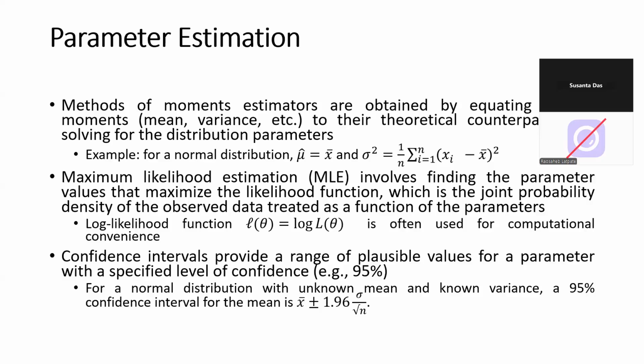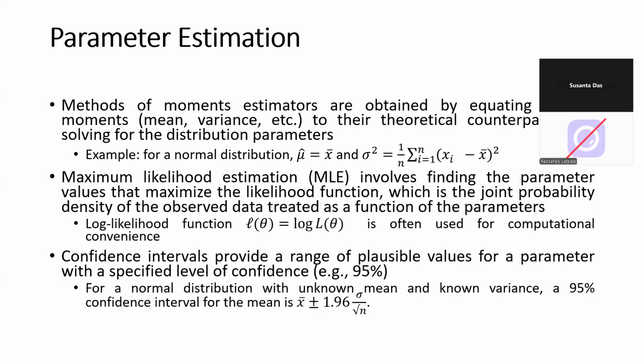The majority of distributions are exponential family distributions. That's why we take advantage of the log transform, and then we differentiate and obtain the parameter theta, our estimate of the parameter theta, which is called the MLE estimate.